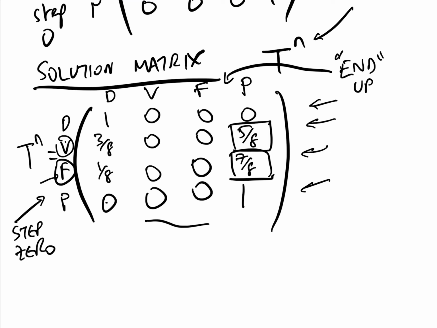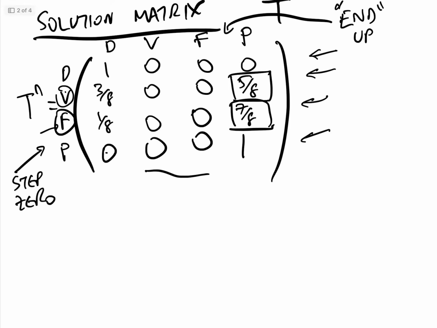Okay, and the third and fourth question were basically, what is the probability that he saves the princess if the probability that he starts in the volcano or forest is 50/50. Well, to do that, what we need to do is multiply a row vector by our solution matrix, and the row vector would be 0, half, half, 0, which would be the probability he starts in the volcano, the forest, with the princess, or inside the dragon's stomach.